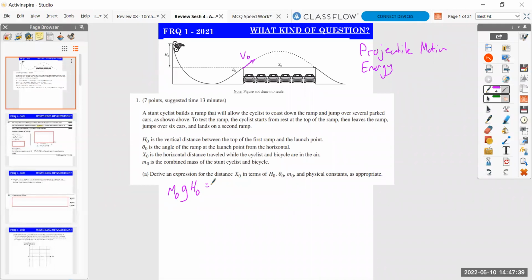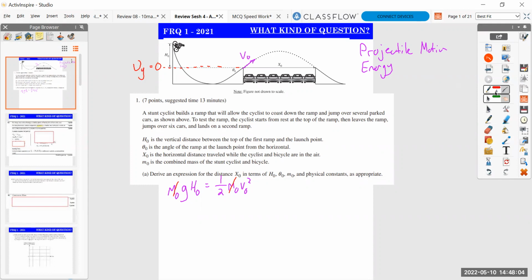Well, we fall a distance h0, and all of that turns into kinetic energy in this case. I don't have to worry about the fact that we're not going all the way to the ground, because I don't actually know how far the ground is. Anyway, we're basically setting the 0 of our potential energy right here to make our lives easy.